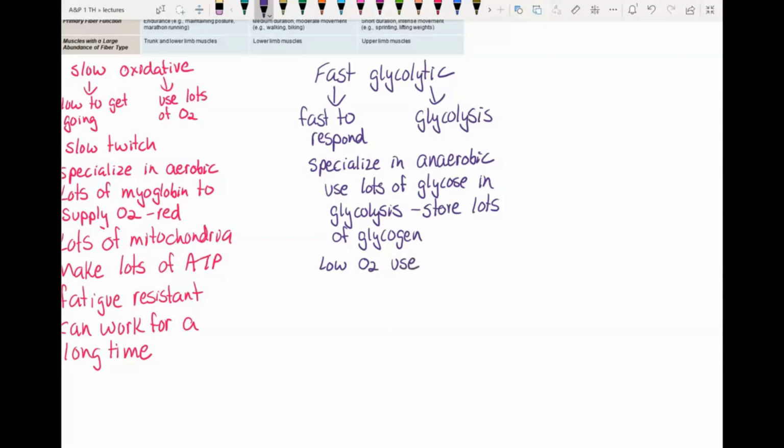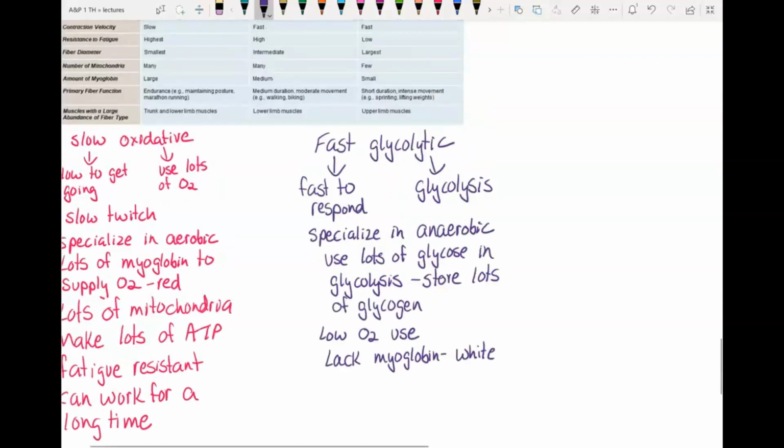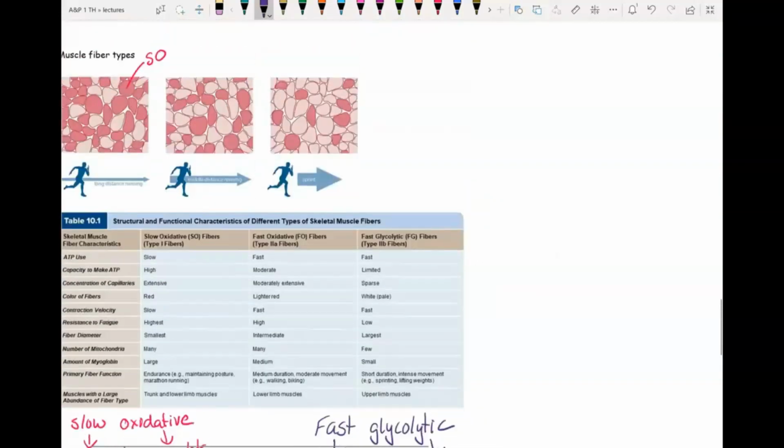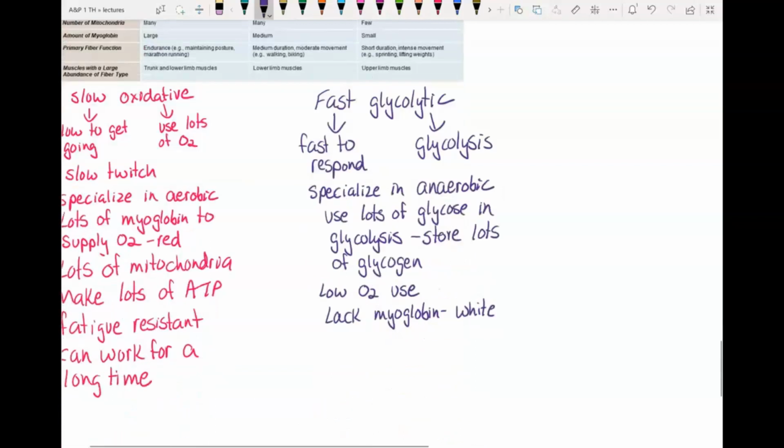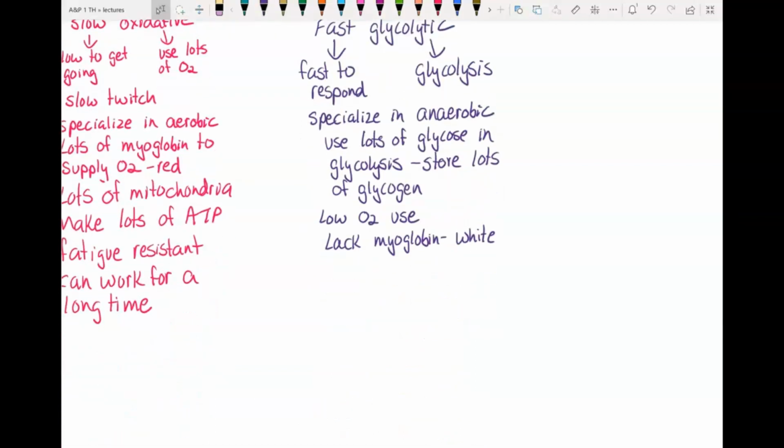So since they don't need very much oxygen, they lack myoglobin. So this gives them a white color because of the lack of myoglobin. And you can see up here, these lighter colored ones would be the fast glycolytic. Also, since they're not using oxygen, they don't have much use for mitochondria, because mitochondria is the part that uses oxygen.